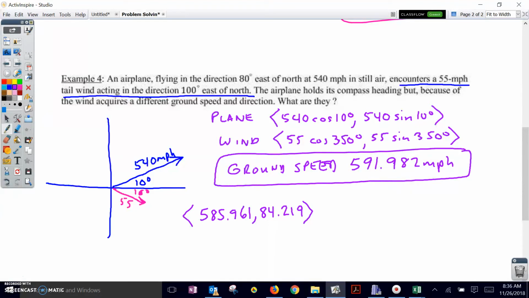And my direction, since we're giving the directions as bearings here, we're going to do the same with the direction in our answer.